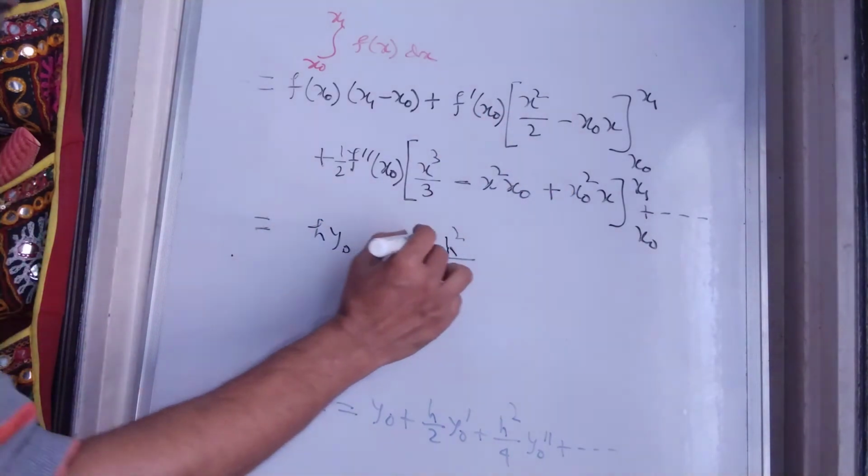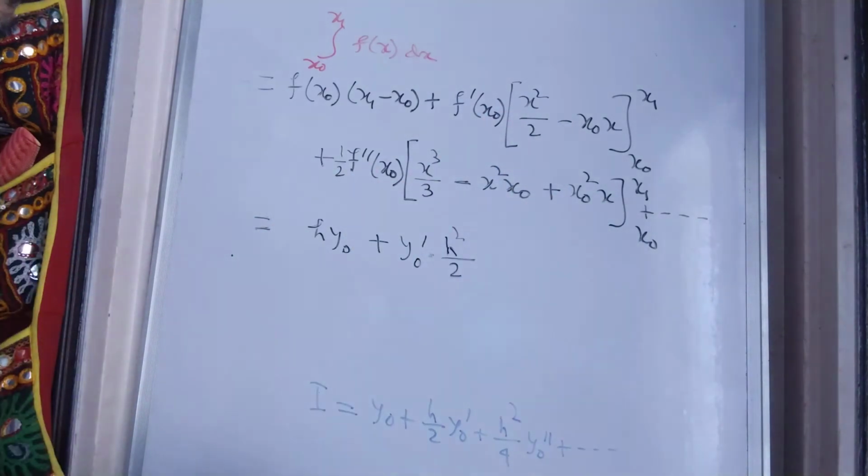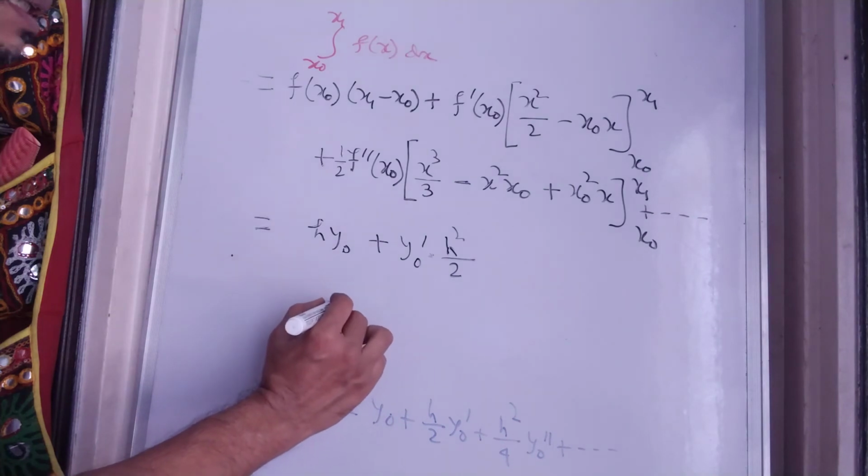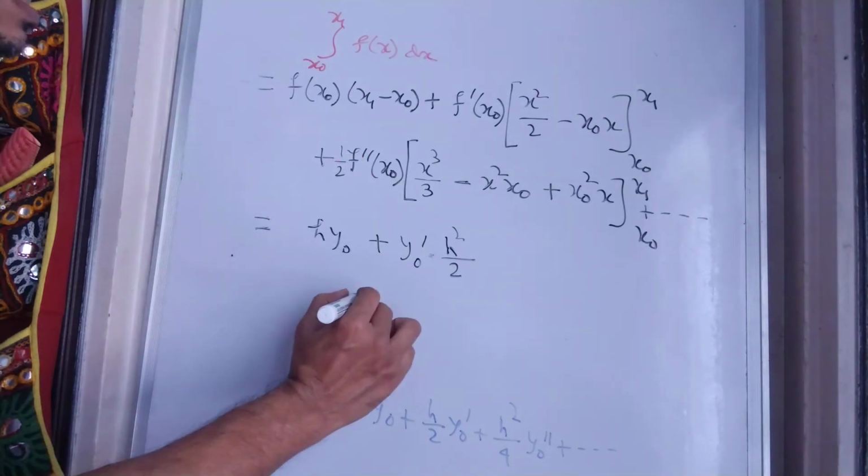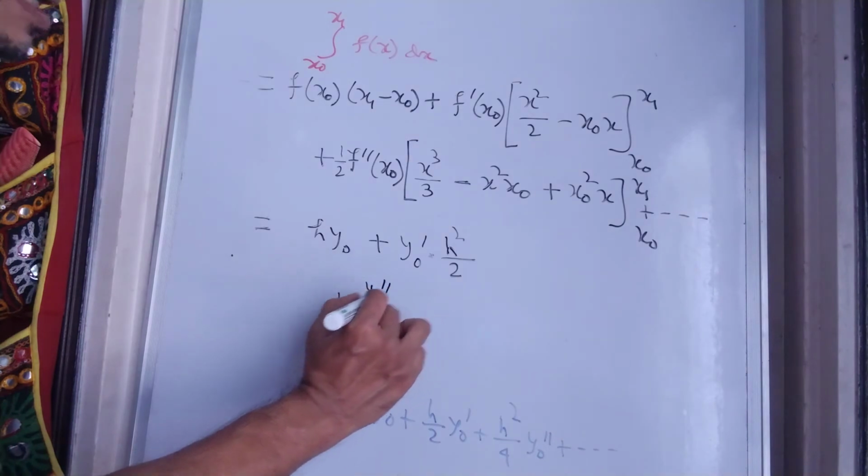Next we calculate this term. And what is this term? This term becomes, just see that this is y0 double prime by 2.